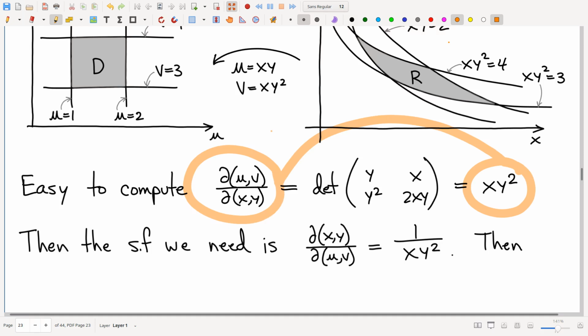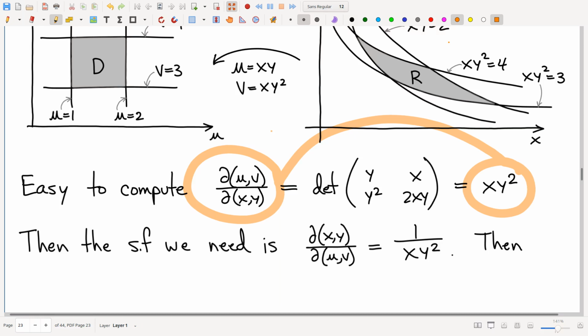And now we have to ask ourselves, wait a minute, is that what I need? Is that the correct stretching factor? Is that backward? I'm a little concerned it might be backwards because our function's going the wrong way. Maybe I'm squishing when I should be stretching, or something like that, right?